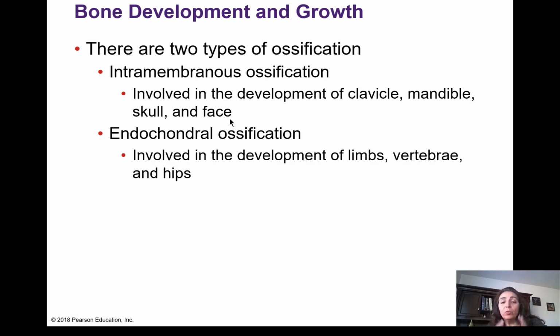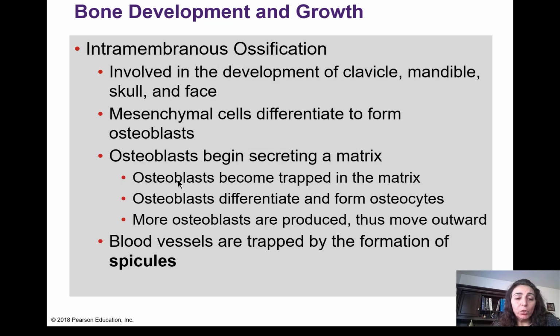So most of the skull bones and the face come from intramembranous ossification, including the clavicle and mandible. Endochondral ossification, on the other hand, involves the development of the limbs, where most of the bones are long bones, the vertebrae, which are irregular bones, and also the hips. In general, you can say the rest of the body. Whatever is not intramembranous comes from endochondral ossification.